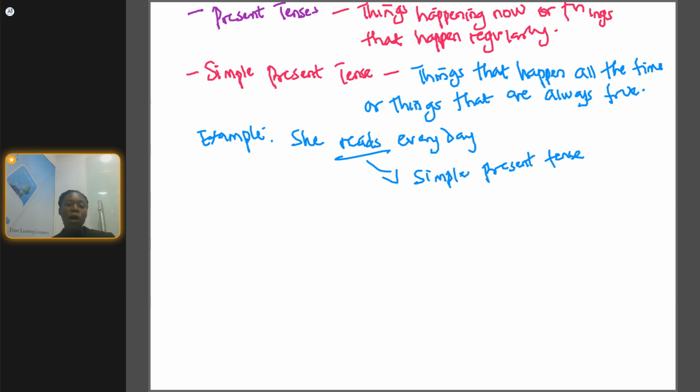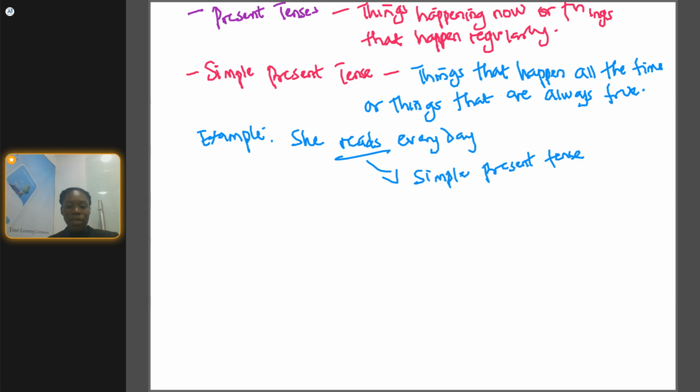When you talk about context, you're talking about the other words found in a sentence, other words that would give you more meaning to a specific word that you are looking at. So when you say she reads every day, there is a context to help us understand that the reads there is something that happens all the time, and it's in the simple present tense.